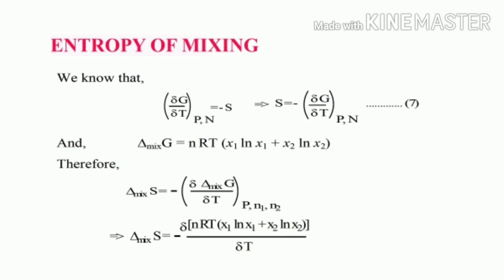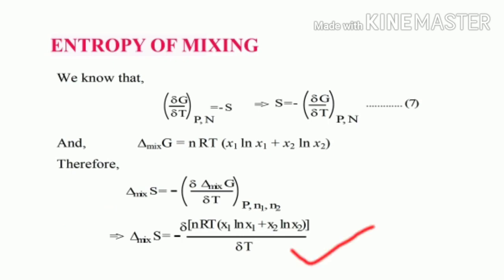And also we have derived the relationship that ΔG mix equal to nRT whole into x1 ln x1 plus x2 ln x2. Therefore we can write that ΔS mix equal to minus ∂(ΔG mix) by ∂T at constant P, N1 and N2.